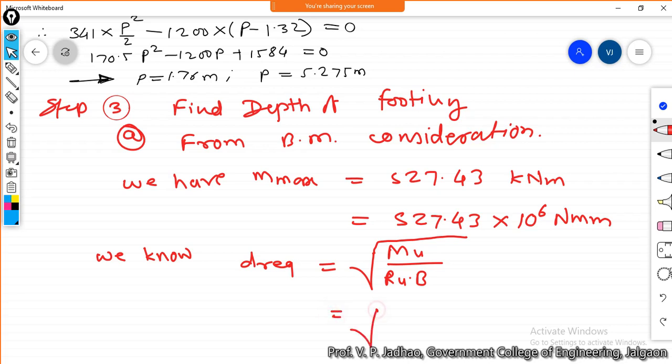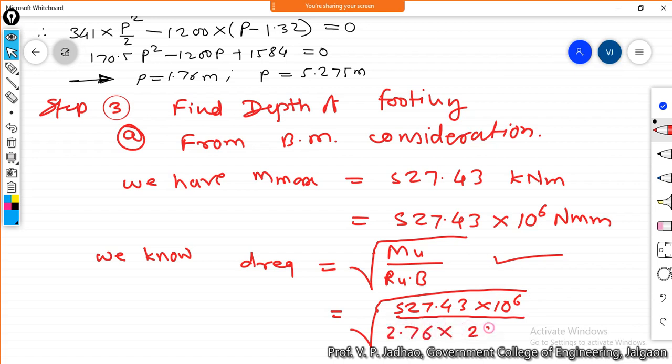This we have taken from the earlier equation, how it was calculated. So this is equal to 527.43 multiplied by 10 raised to power 6. We have already calculated the value of Ru. Ru is equal to 2.76 multiplied by the width of footing, 2000 mm or 2 meter.